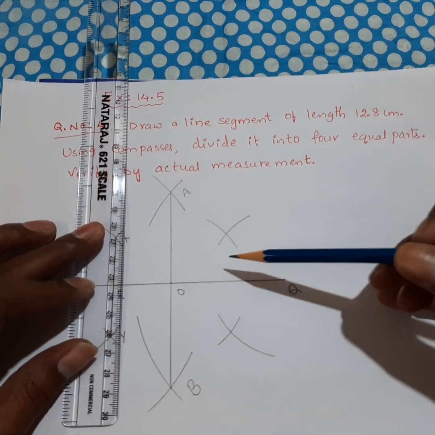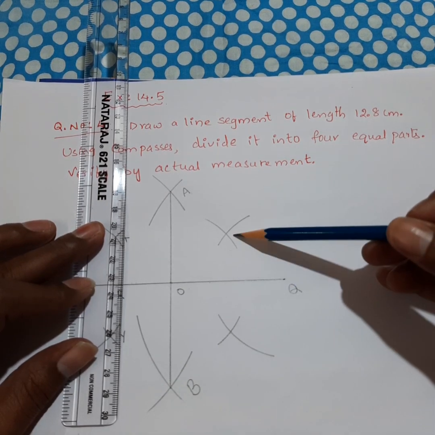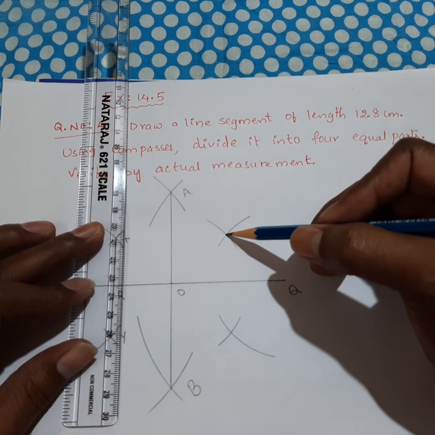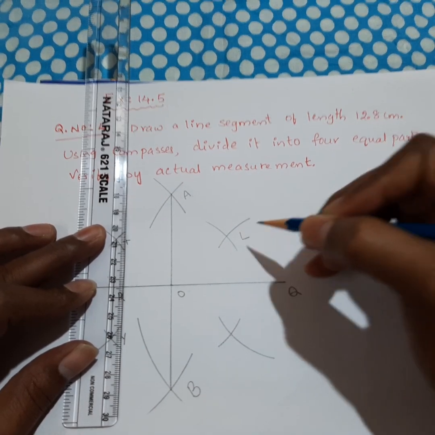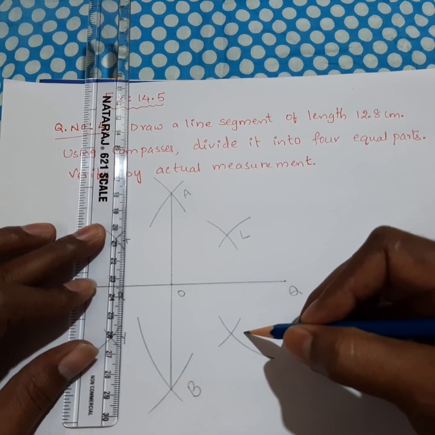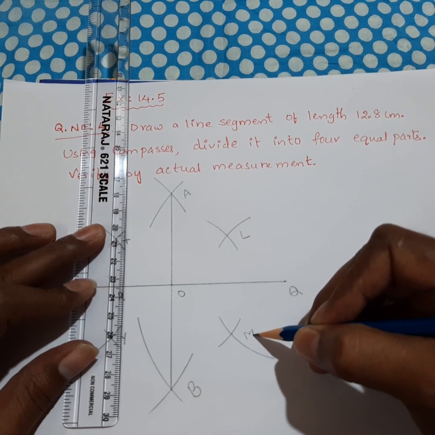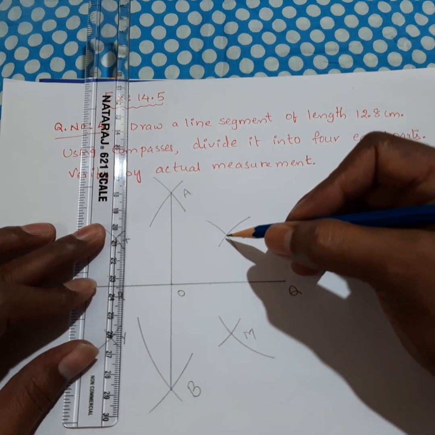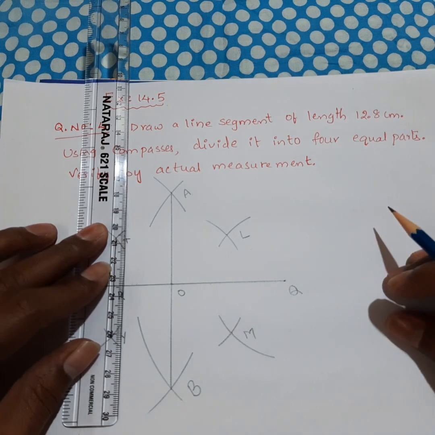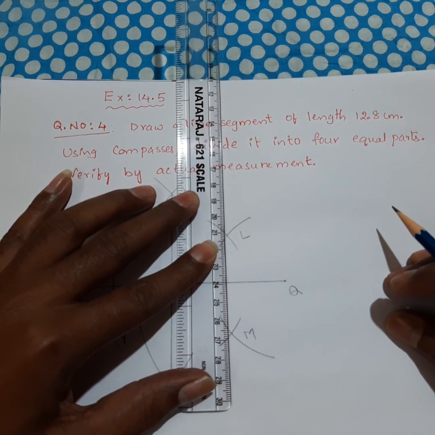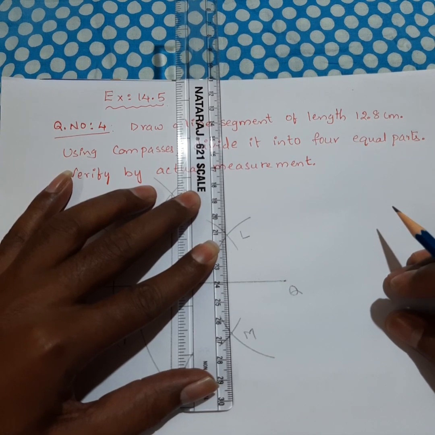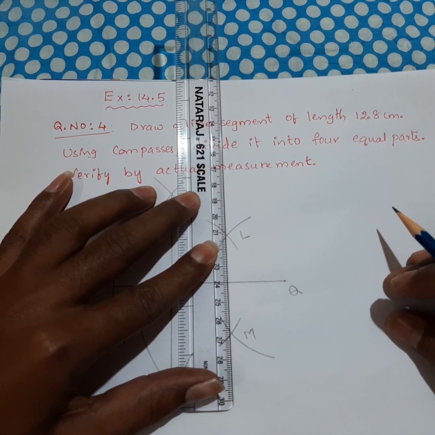Now, these two arcs, we will give some names for these two. Let us take this as L and this as M. LM is the perpendicular bisector of OQ.